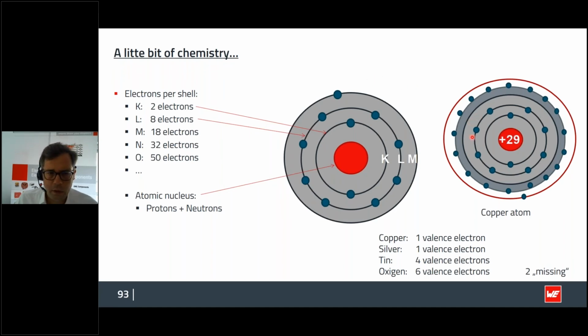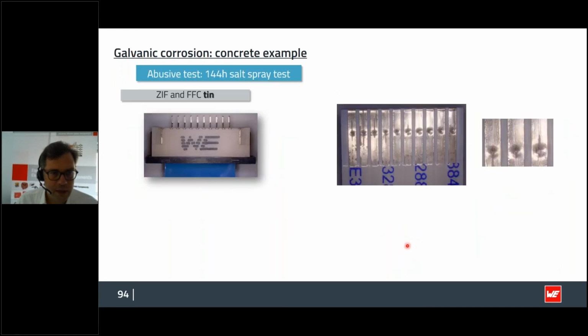On the right-hand side, you can also see a copper atom. You only have one electron. That also explains the good conductivity. Also, silver has a very good conductivity, as we have seen. And here, these atoms only have one valence electron.